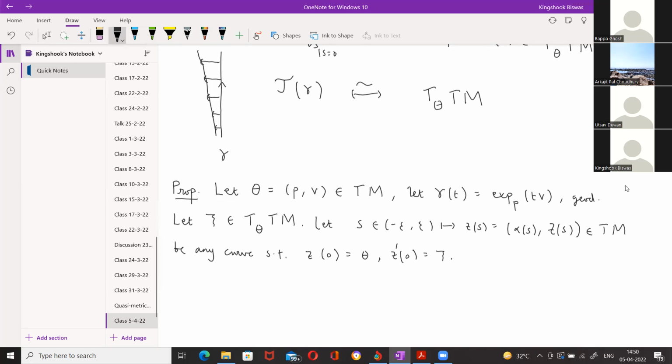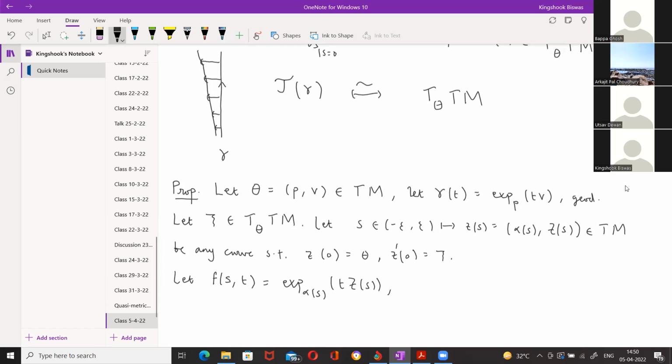Then this curve is going to give me a parametrized surface. That parametrized surface is going to give me a Jacobi field, right? So let f of s, t equal to x sub alpha s of t, Zs.